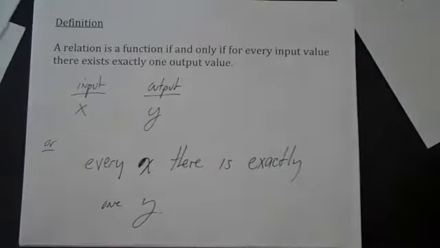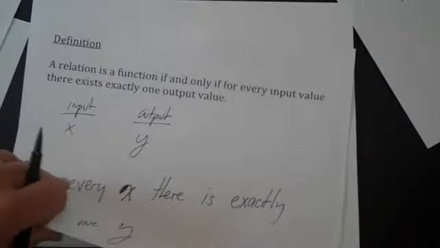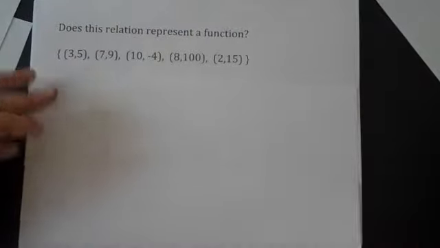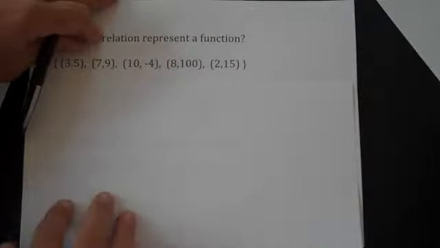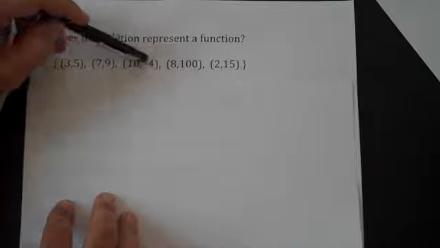And let's look at an example of that. There's all kinds of different ways functions can be represented, but here's one way that they're often represented, and that is as a pairing. So let's look at this relationship. This relationship says that we pair 3 with 5, and 7 with 9, and 10 with -4, 8 with 100, and 2 with 15.